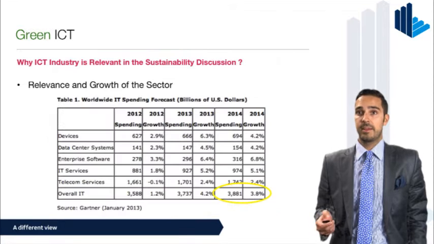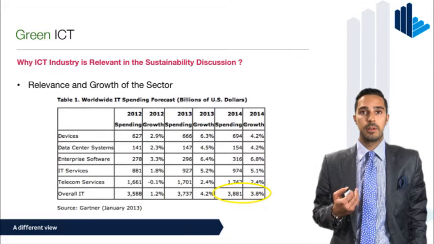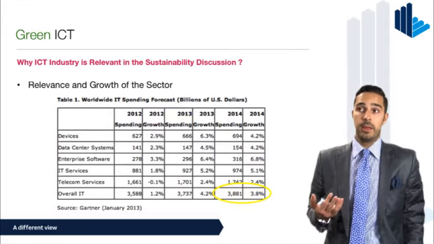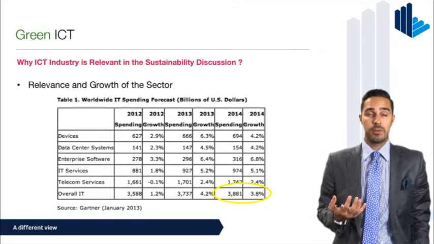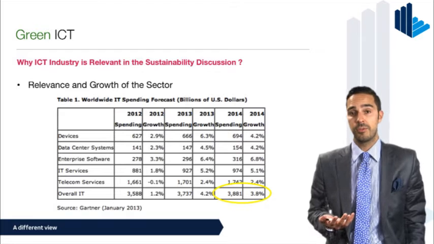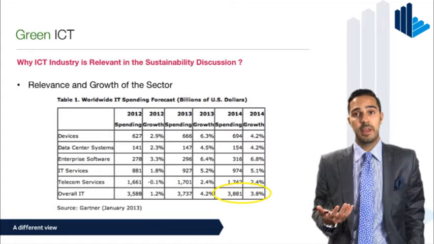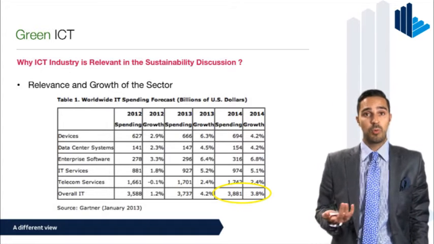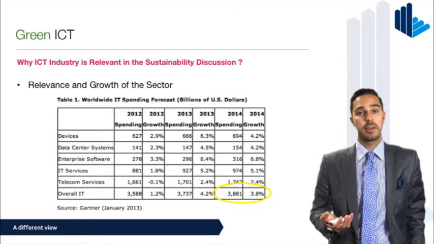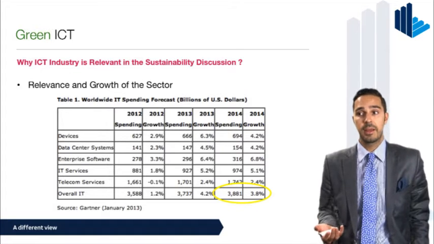Let's start from the topic of green ICT. Why do we discuss ICT as an industry? Of course, because ICT is one of the industries that is growing constantly over time.